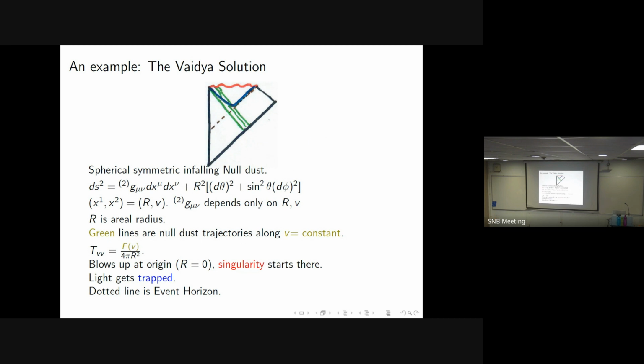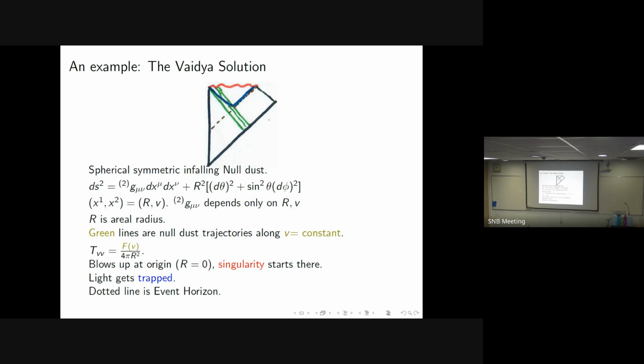That's the area. And then, since these are two dimensions, you have a 2-dimensional metric with signature minus and plus. In the case of the Vaidya solution, it turns out that you can use this areal radius as one of the coordinates.